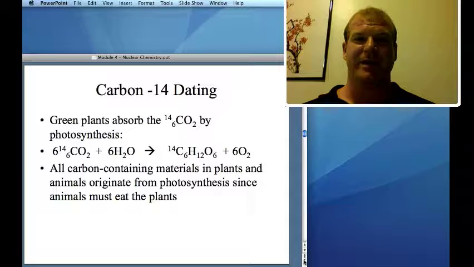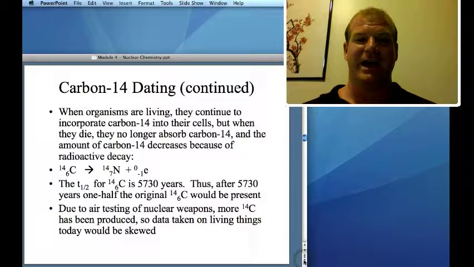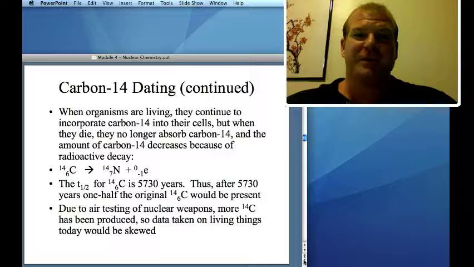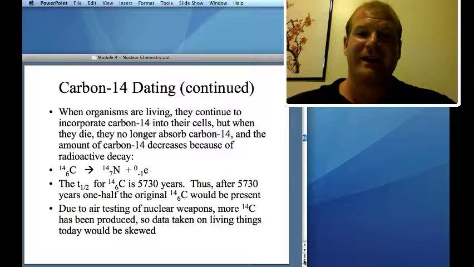But plants uptake carbon dioxide by photosynthesis. And so because of that, there's more or less the same amount of radioactive carbon in living creatures. Because some of it disappears, but then plants are photosynthesizing, animals are eating plants, animals are eating other animals. So pretty much every living creature on Earth has, on average, about the same amount of radioactive carbon.